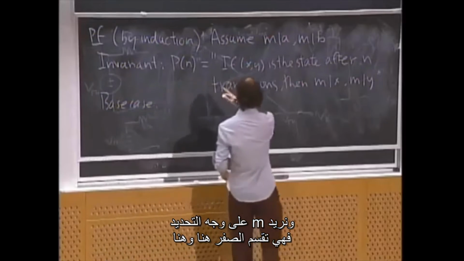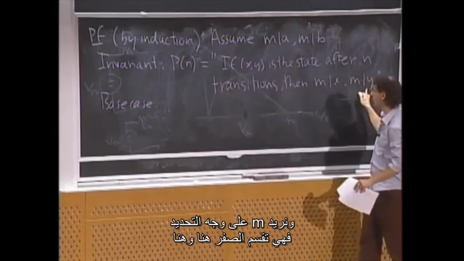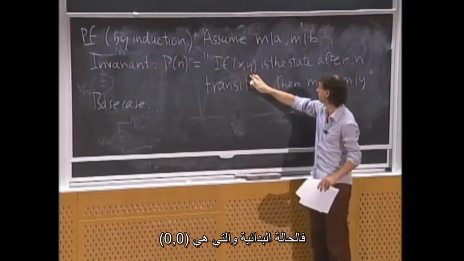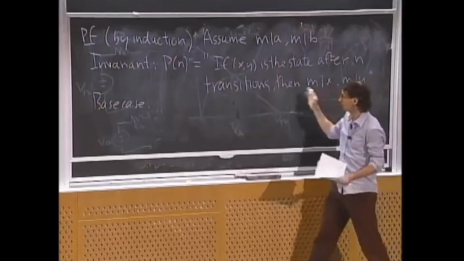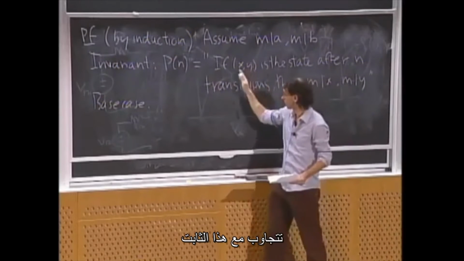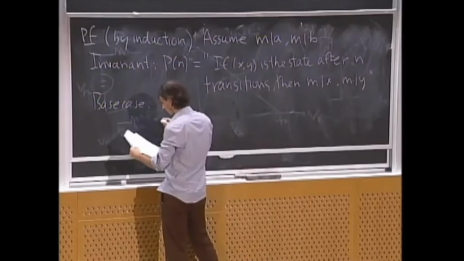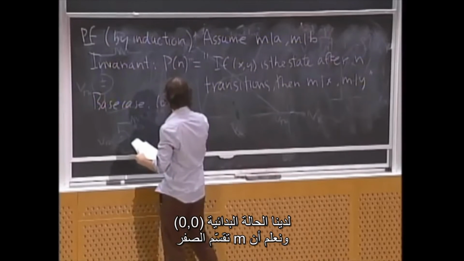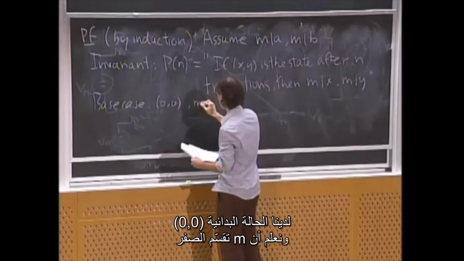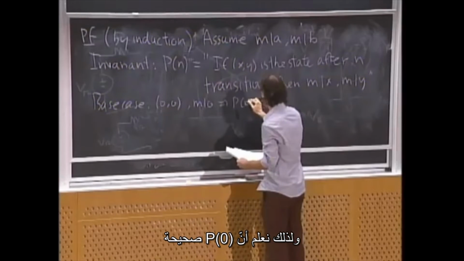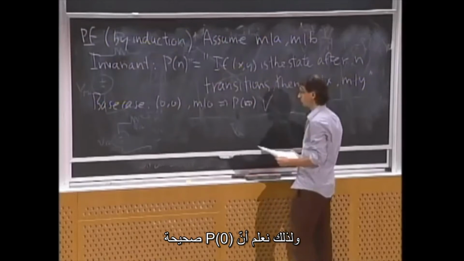So in particular m divides 0 and 0. So the very initial state, 0, 0, is indeed complying with this particular invariant. So let's write it out. We have the initial state 0, 0. We know that m divides 0. And therefore, we know that P0 is true.